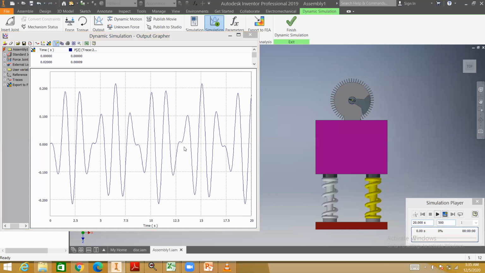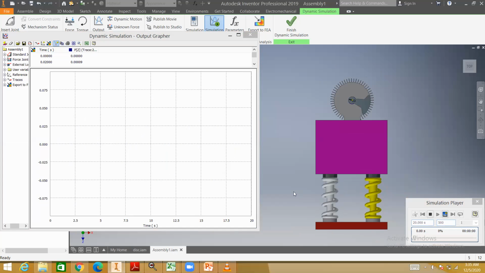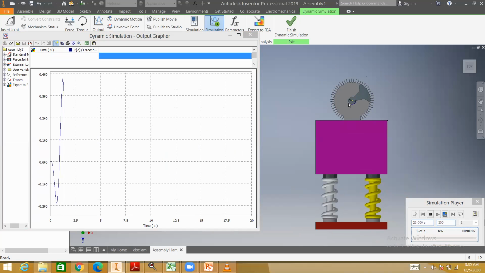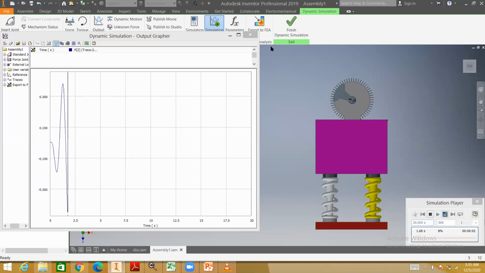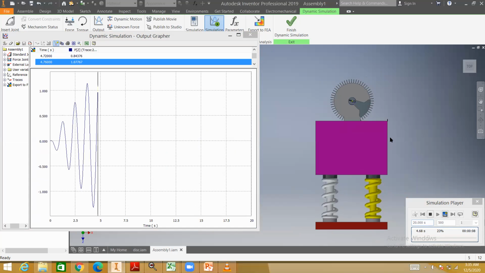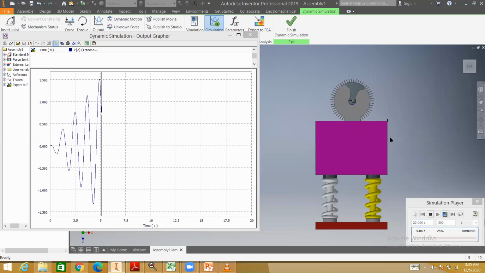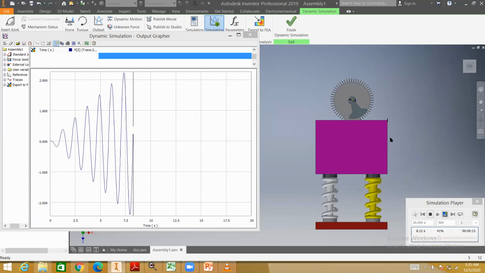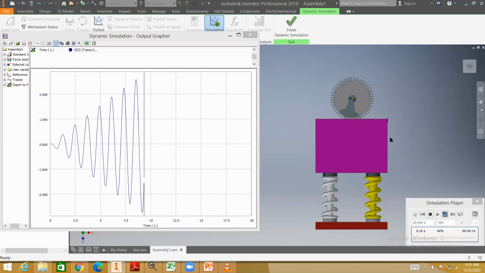So you can observe the value of the displacement. Right now the motor is running at 50 rpm. This 50 rpm is near about the natural frequency, which is equal to 46.